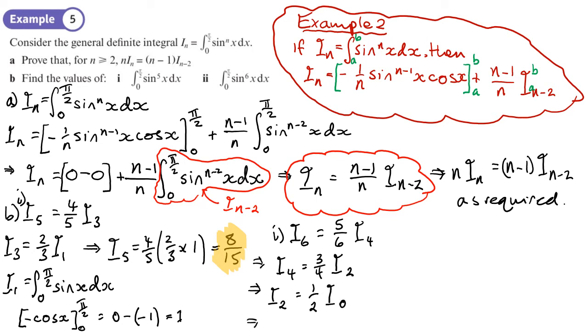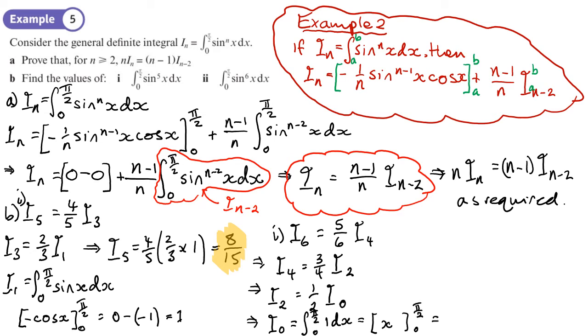Now I0 is very easy to work out because that's the integral between 0 and pi over 2 of sine to the power 0, which is 1. So that's going to be x between 0 and pi over 2.